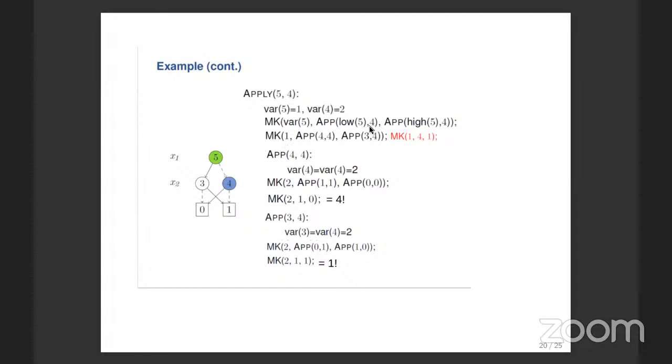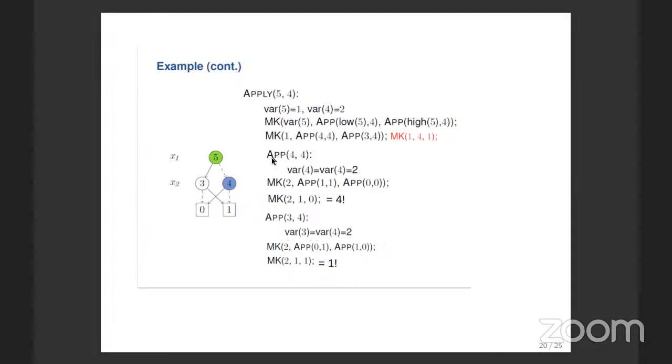That will result in a low of 5. The var of 5 is 1, x1, so this simplifies to x1, and app low of 5.